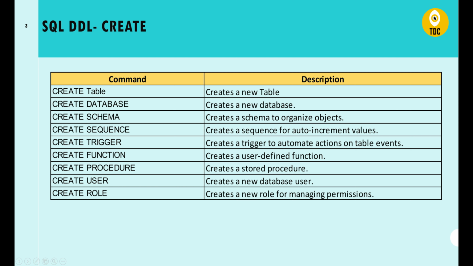Basic ones like create table, create view, create database, create schema will be applicable irrespective of which database you are using. But a few create statements might not work in MySQL or PostgreSQL, etc. So it depends on the database.